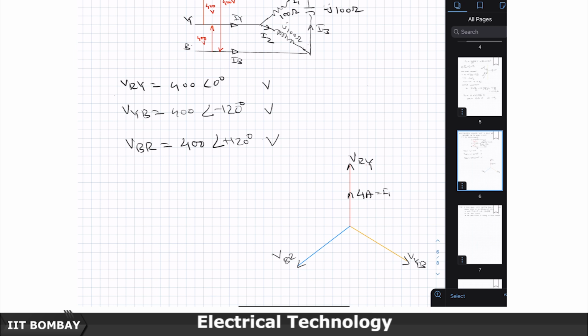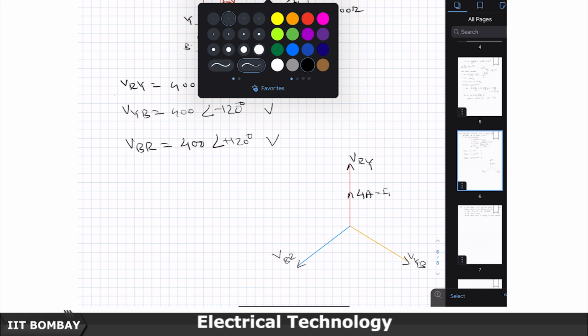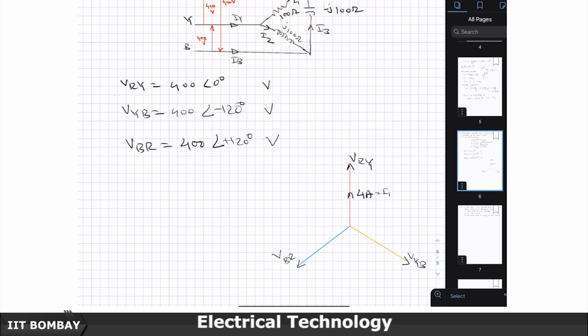So, this is 120 degrees, this is 60 degrees, so this is also 60 degrees and somewhere here 30 degrees apart.